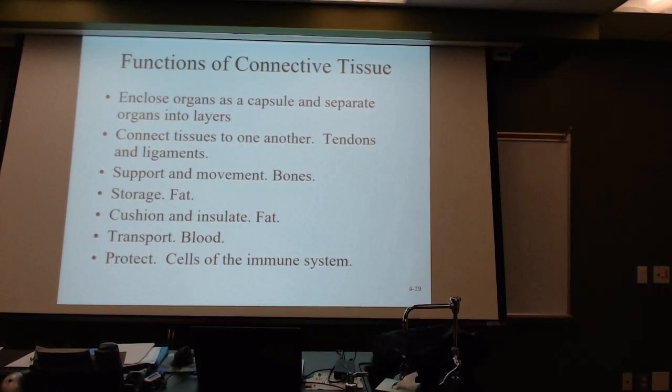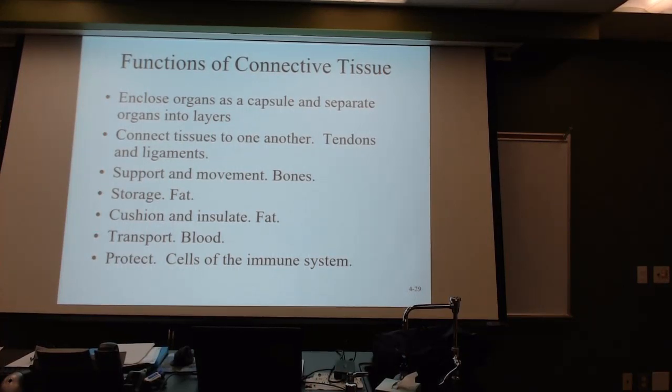Remember how I mentioned last week when we had the kidney out and we were talking about how organized our bodies are, okay? So if you think about the organs of our body, the kidneys, the heart, the liver, the stomach, all this sort of stuff, they're enclosed in what we call a capsule, okay?